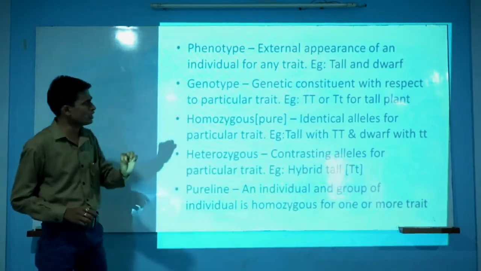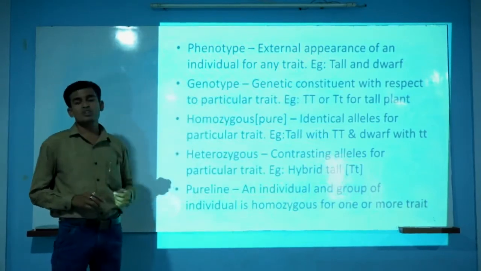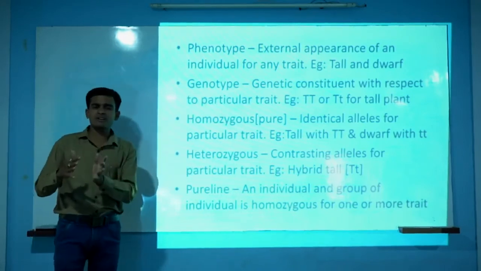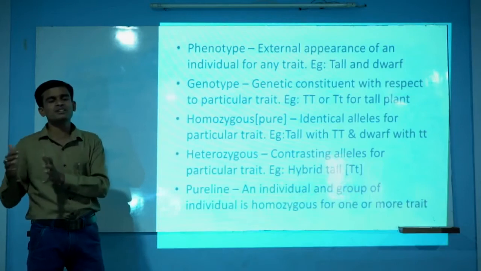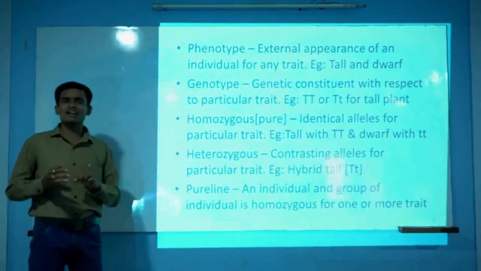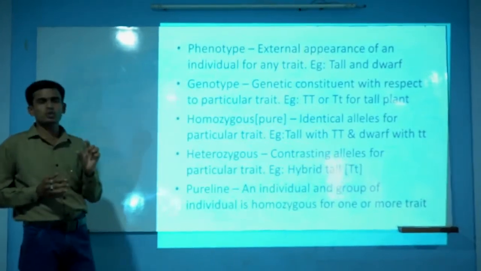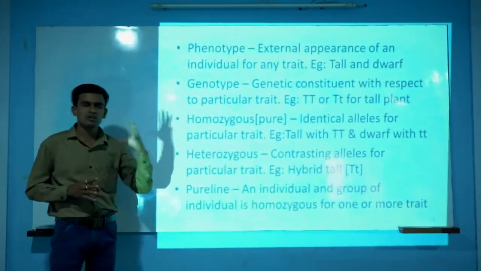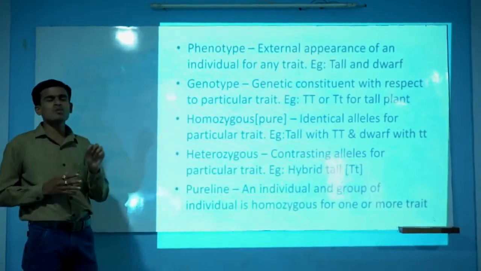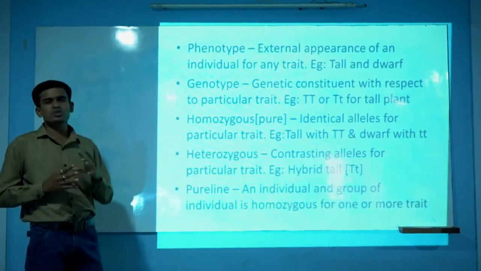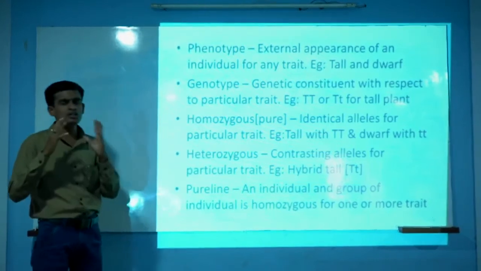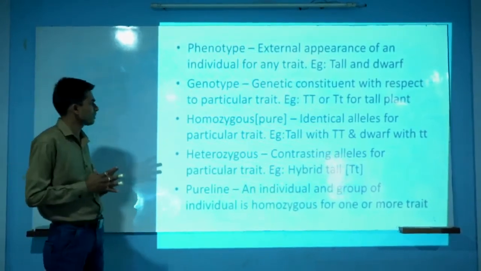This genetic constitution is meant for the expression of tallness. Likewise, another example is the shape of the seed, round and wrinkled. Capital R is the genetic constitution for the expression of round seeds, and small r is the genetic constitution for the expression of wrinkled seeds. That is the genotype of that plant.